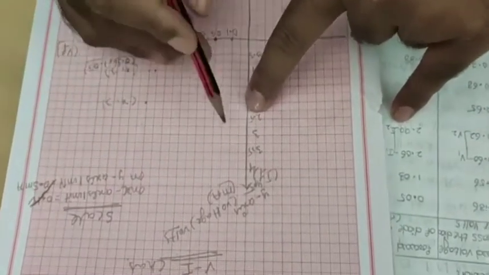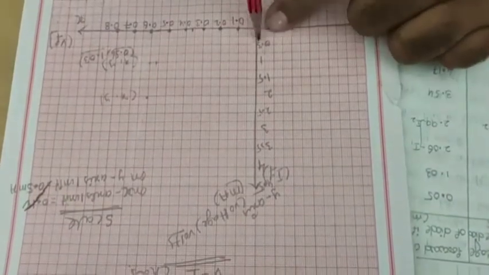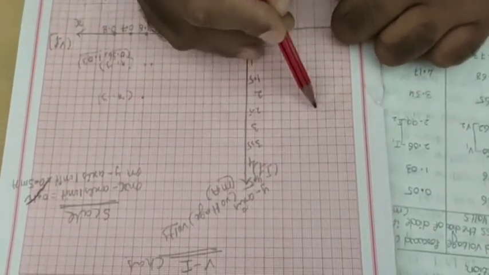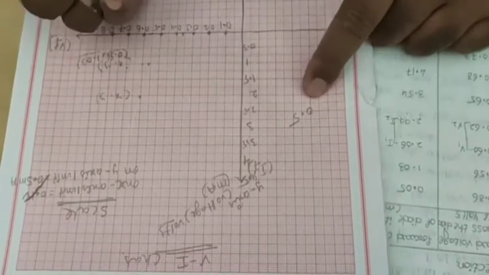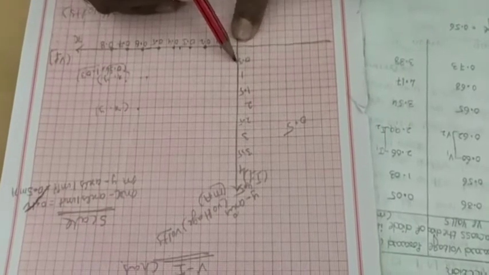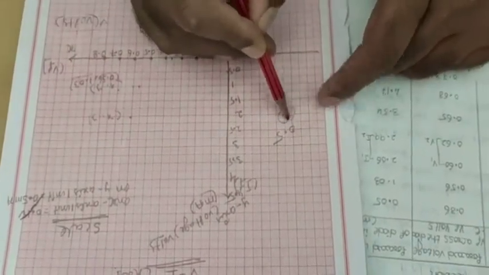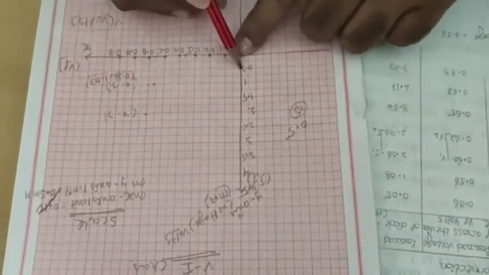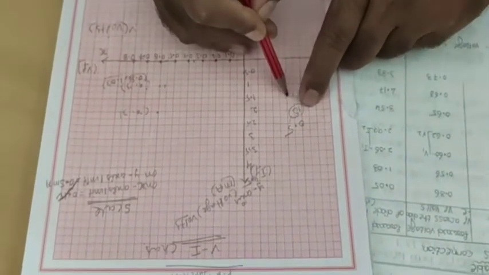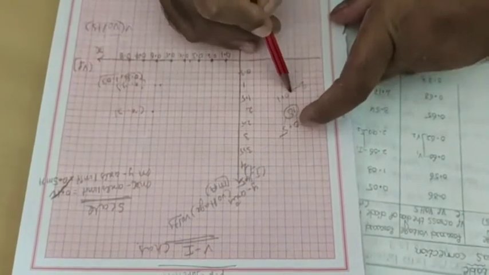See here, in our complete block, 2 lines represent 0.1 only. Why? Because here we consider each unit as 0.5. One complete block is 0.5. In total, there are 10 lines in the block. Here one complete block is 0.5 only. That's why each 2 lines represent 0.1 only.